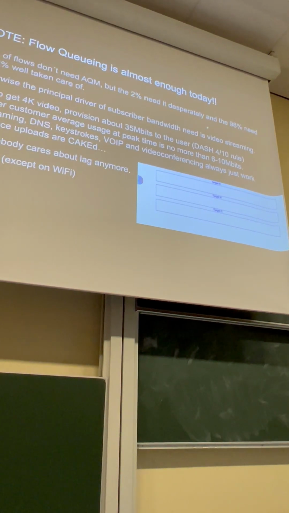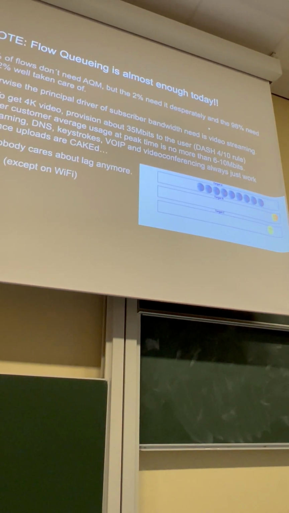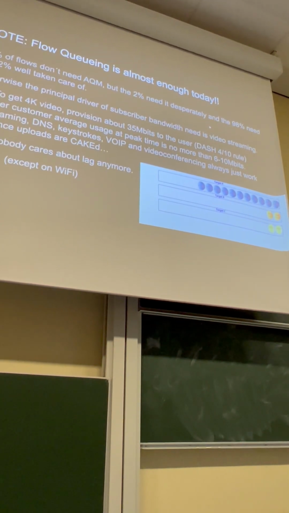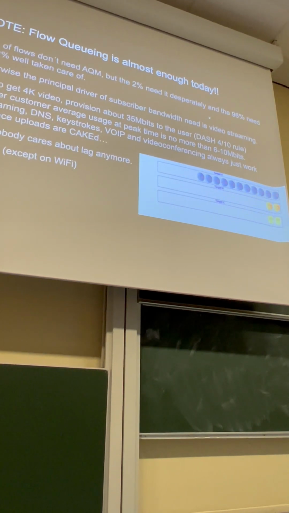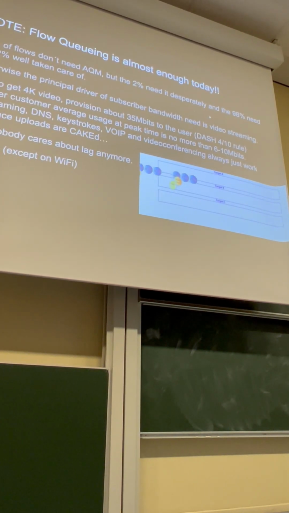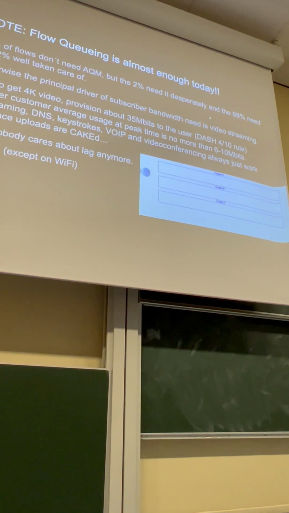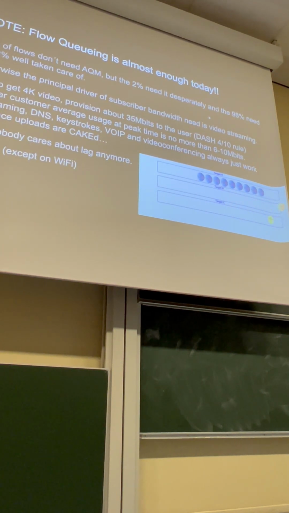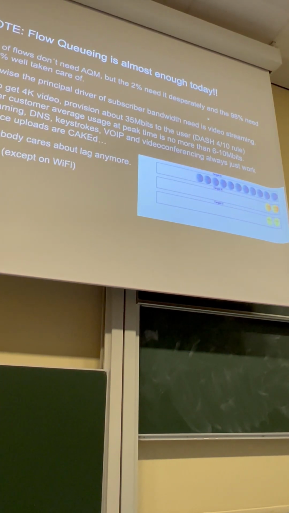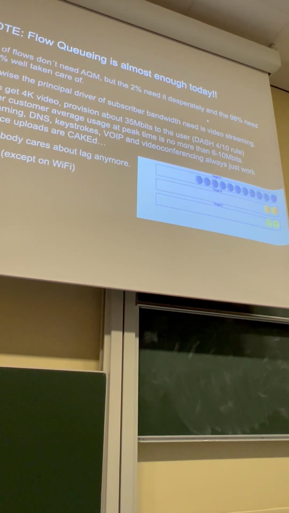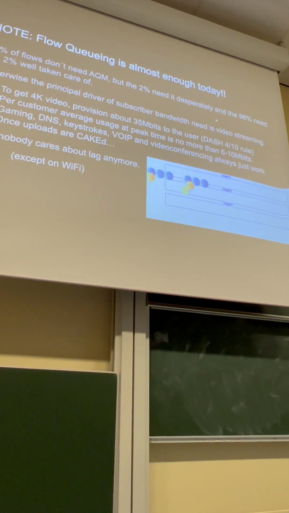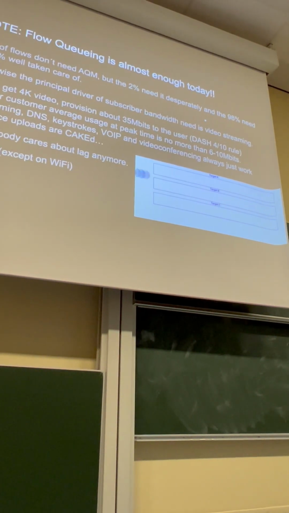But for interactive stuff, which is, for example, even opening a website, right? It's not about bandwidth, it's about latency in the end. So you hit enter, and until the page is fully loaded and you are able to interact with your page, it's about latency. So for those critical percent of everything that you do, latency is the most sensitive component of the experience that you are getting.